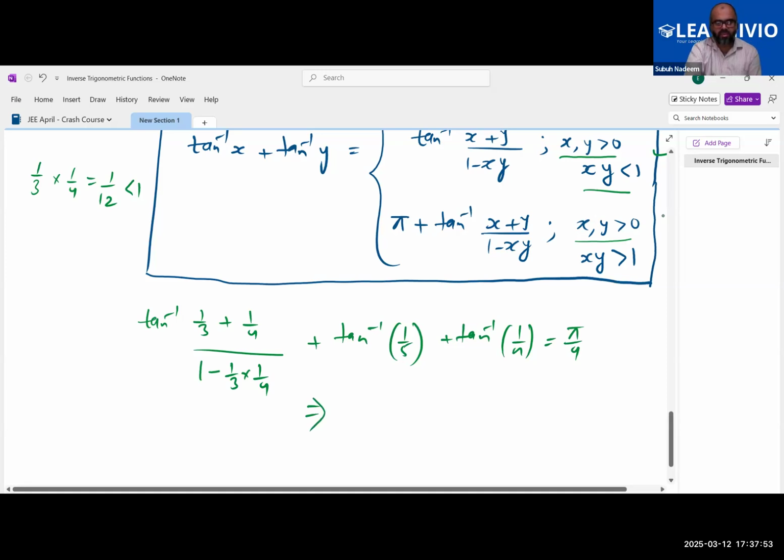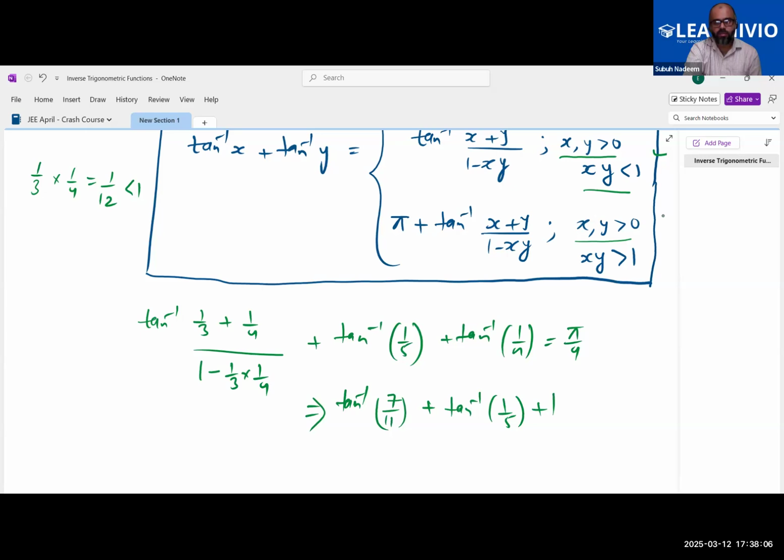Now if we calculate, the numerator will become 7 by 12 and the denominator will become 11 by 12. So after calculation it becomes tan inverse 7 by 11 plus tan inverse 1 by 5 plus tan inverse 1 by n is equal to pi by 4.